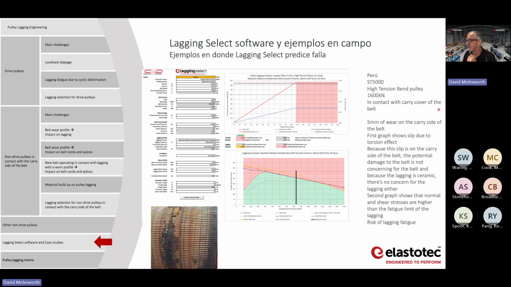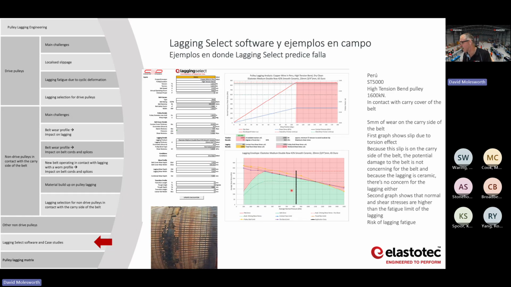Again, we've plugged all the info in. You can see up the top here, the T1 and T2 are the same. Down here, this has got 5 millimeters of belt wear, so it's not very much belt wear.